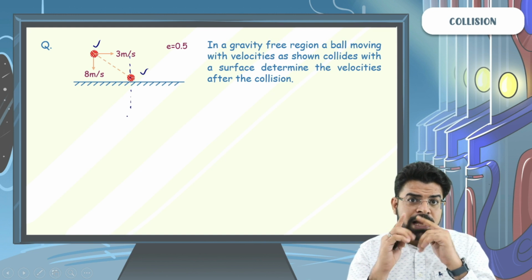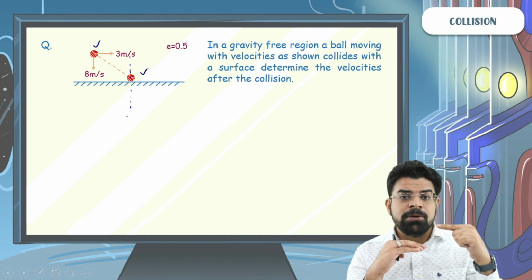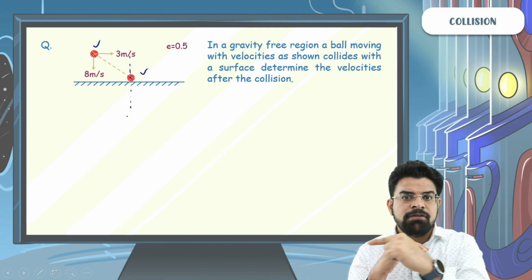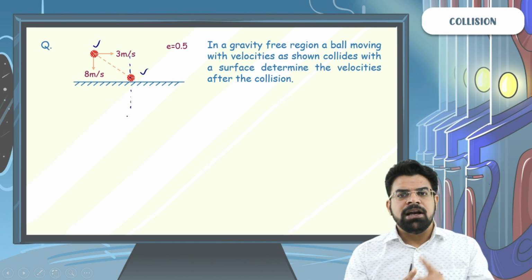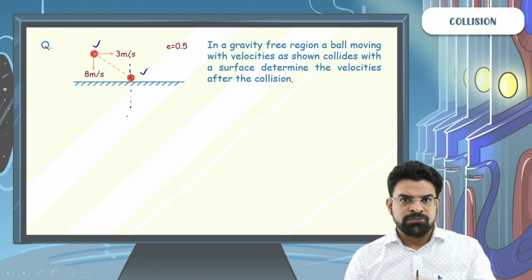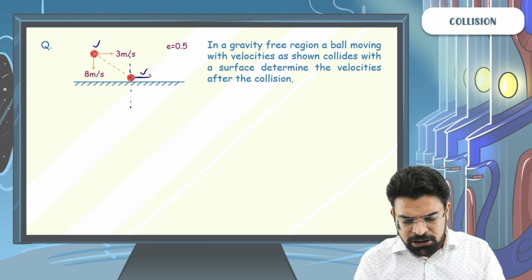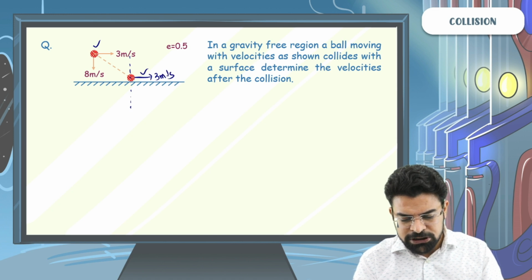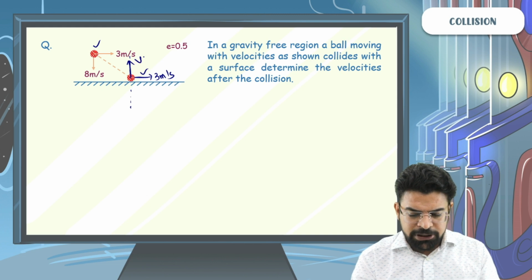So as the forces act during collision in the vertical direction, there will be no change in the horizontal velocity. Two mutually perpendicular directions are mutually independent. If the force acts in vertical direction, only the vertical velocity will change. So even after collision, I can say with 100% guarantee the horizontal velocity will be 3 meter per second. And let's assume the vertical velocity to be upwards v.